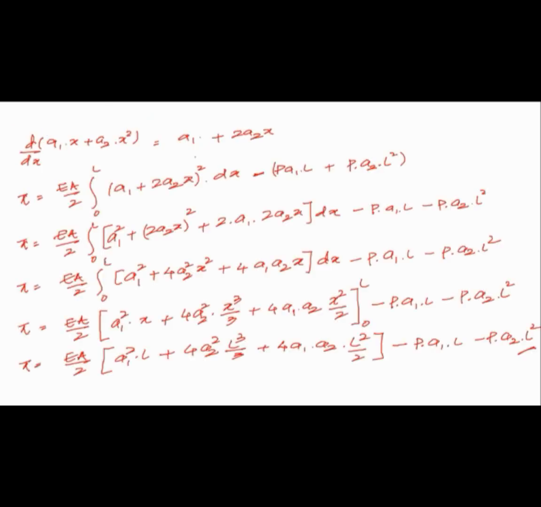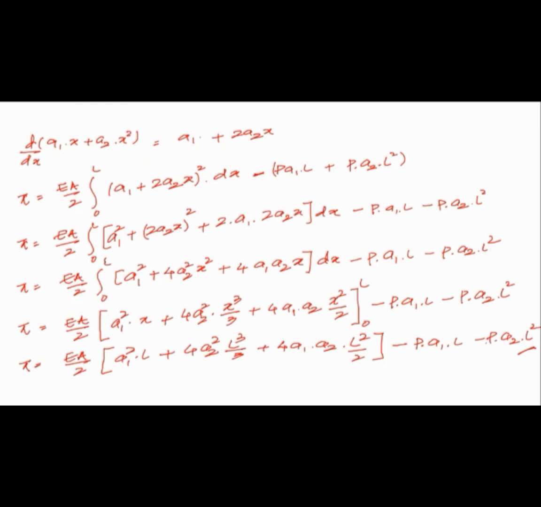Okay, now the fourth step in the Rayleigh-Ritz method is to minimize. So to minimize pi, I have to differentiate that pi with respect to a1 and equate it to 0. And the same function I have to differentiate with respect to a2 and equate it to 0, because I have two unknowns here, a1 and a2.